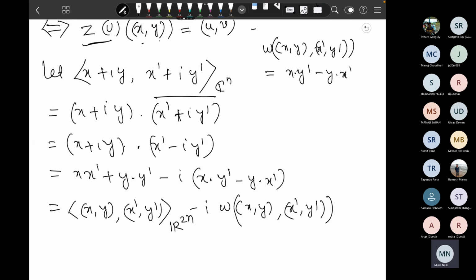If you recall the group Sp2n(R), this is actually the bilinear form for the group Sp2n(R). And w is called the symplectic form.